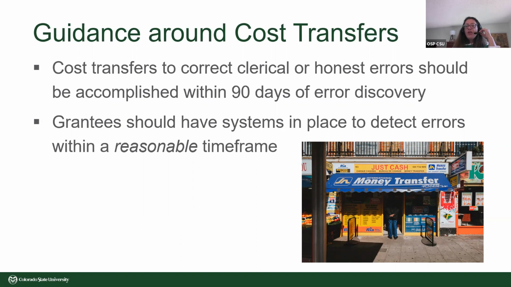Okay. Red flags that lead, again, to audits: a lot of cost transfers going on a particular award or project. Greater than 90 days. So we discovered the error, but it took us a long time for some reason to make a correction, or a long time to discovery. So we don't have a reasonable time frame there. When we're moving charges from one federal award to another federal award, that always raises an eyebrow for an auditor.